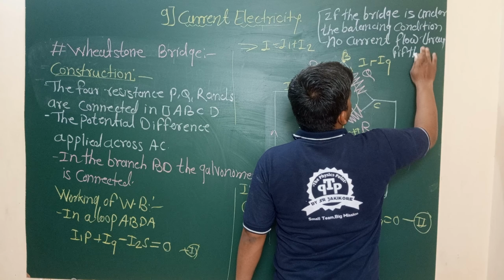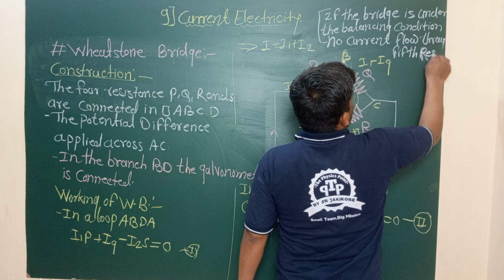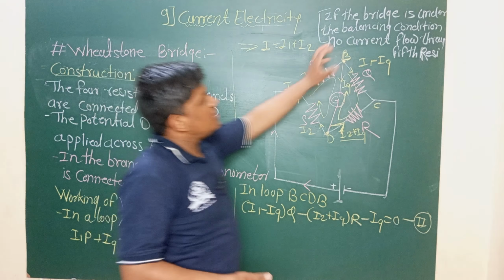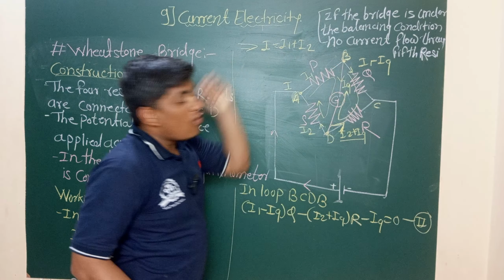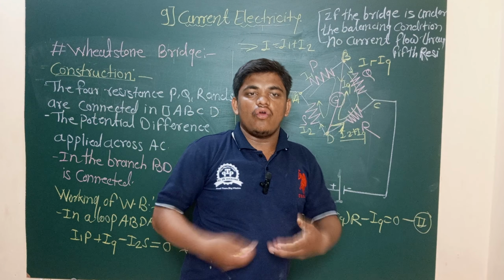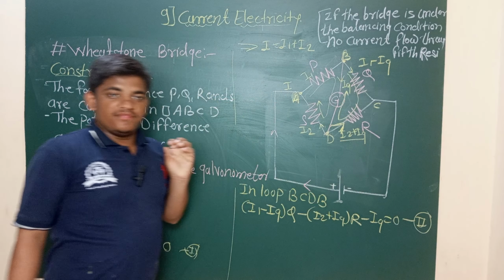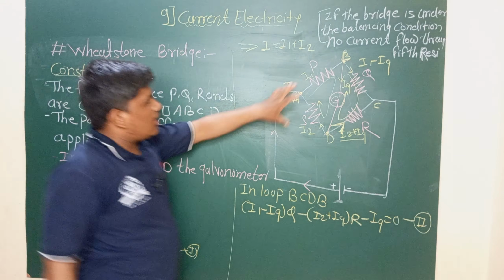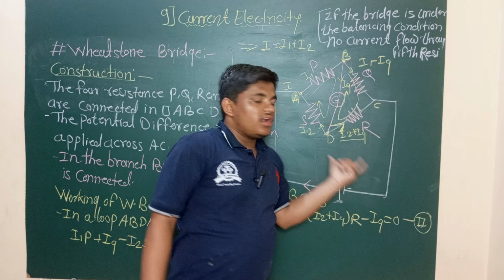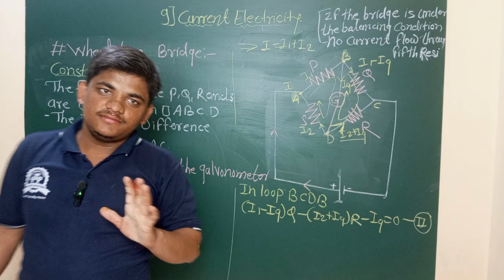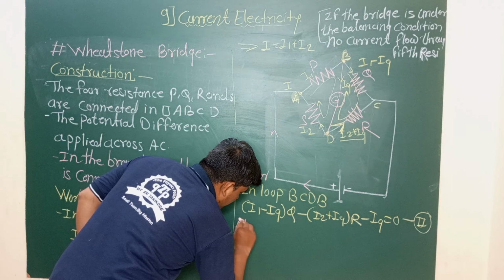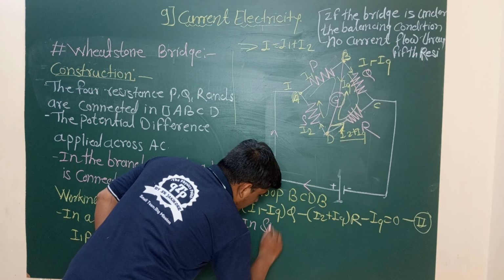That means no current flows through the galvanometer, or through the fifth resistor. That means the product of P and Q must be equal to the product of S and R.